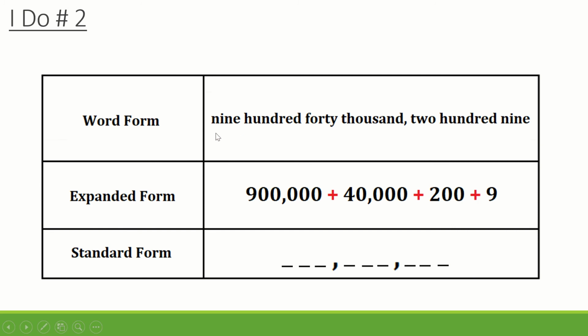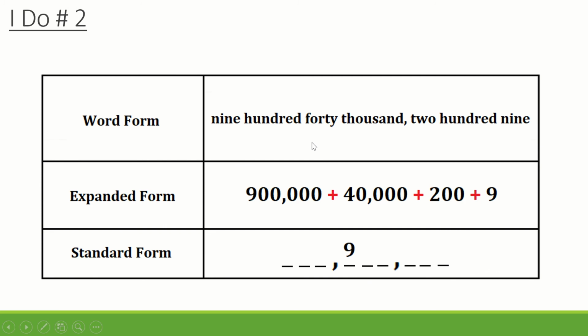Well, the first word is 9 here in my word form, and that is 900,000, and that is shown here, 900,000. So I need to identify where my 100,000s place is. So here's my ones, my tens, my hundreds, my thousands, 10,000s, 100,000s. So I will start out by putting a 9 here, and then I move on to my next digit.